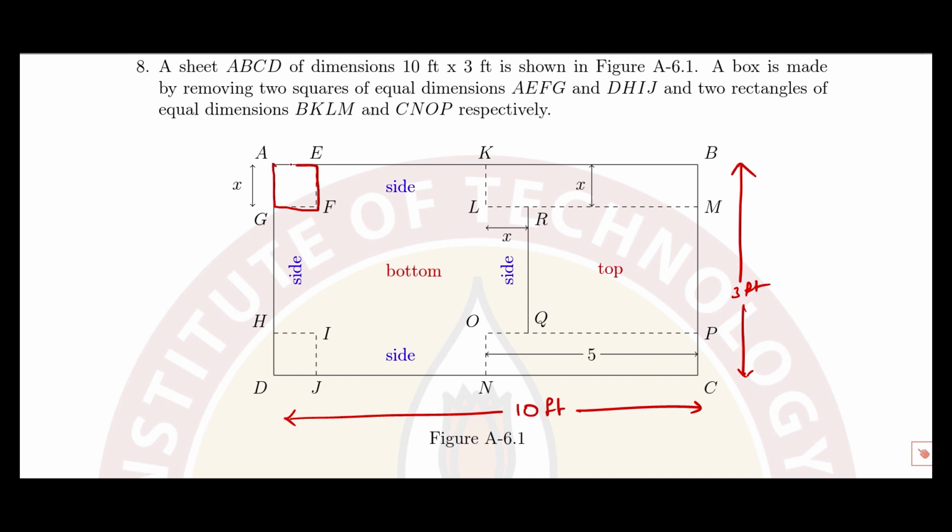It is given that x is the length, and as they said it is a square of equal dimensions, this will also be equal to x. And two rectangles of equal dimensions BKLM and CNOP.